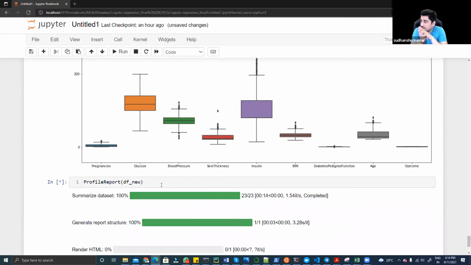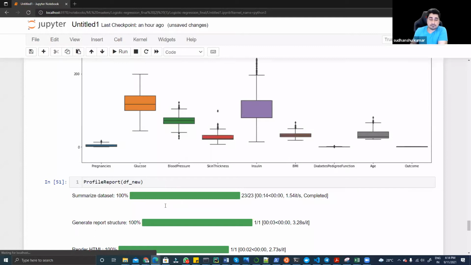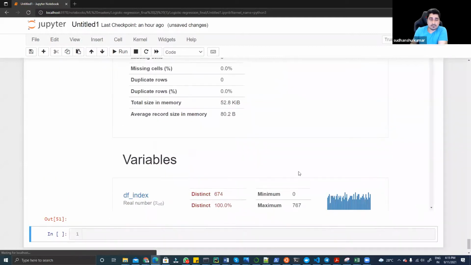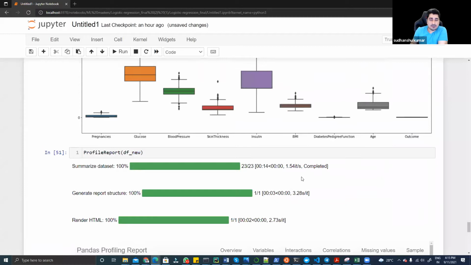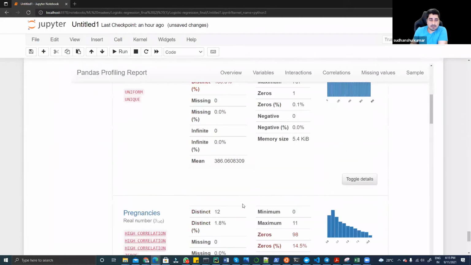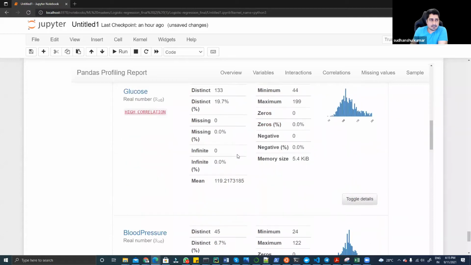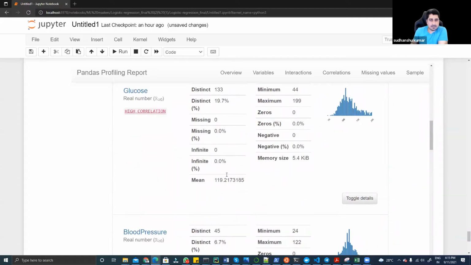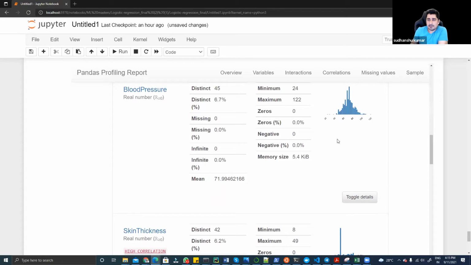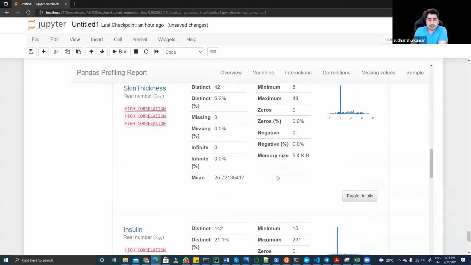Maybe the spread of insulin is large, yes, Ketan. So this one is large. Okay, so now let's observe our columns one by one. Pregnancies, okay, still skewed. Blood pressure, approximately normally distributed.